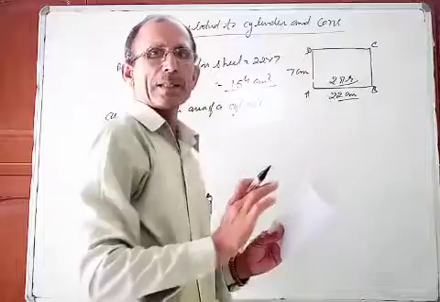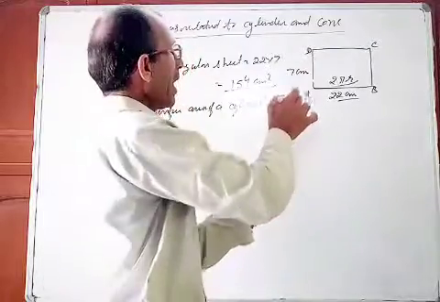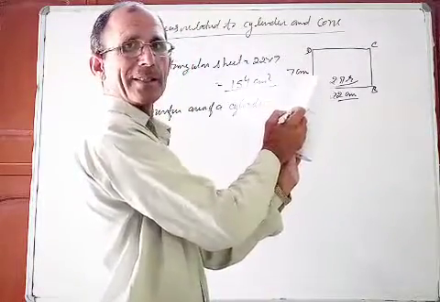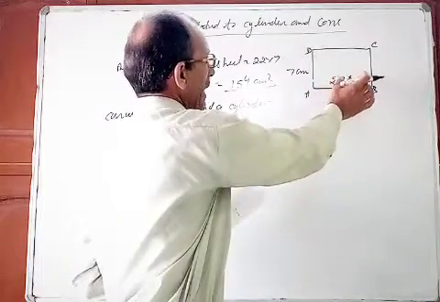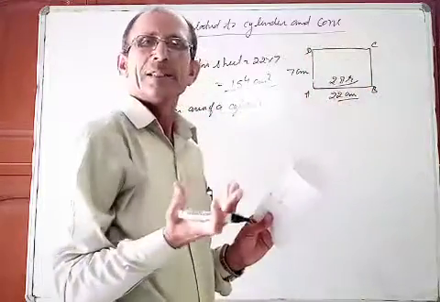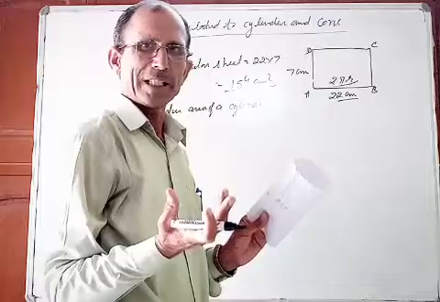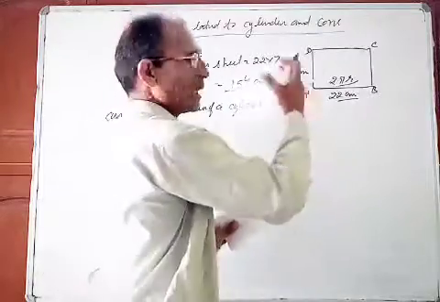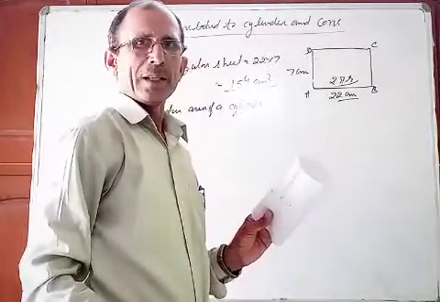Now, the breadth of the rectangular sheet becomes the height of the cylinder. This is 7. If I multiply length by breadth, I get the area of the rectangular sheet. But now this is formed in the shape of a cylinder.